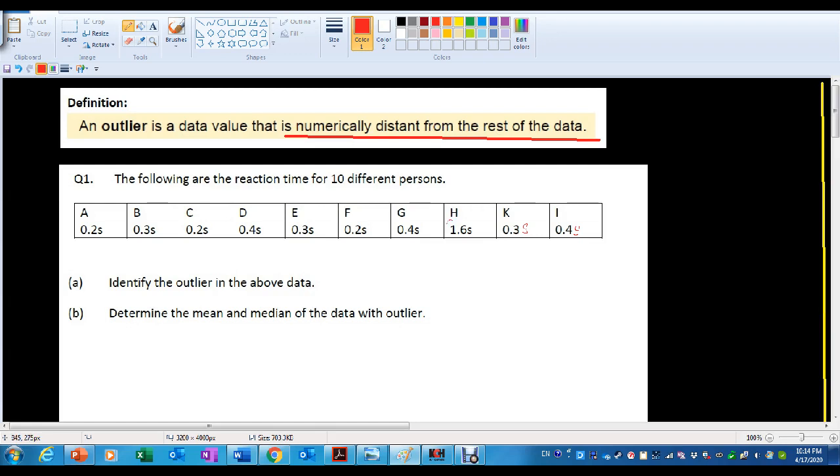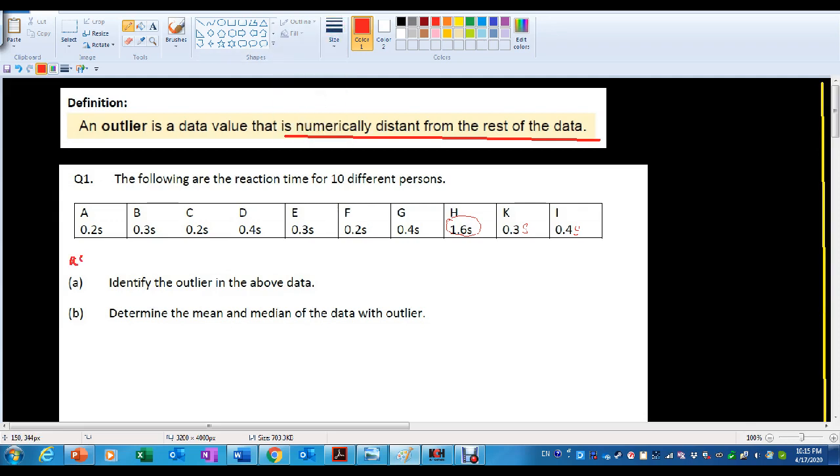It seems 1.6 is particularly greater than the rest of the data by such a great margin. It's quite significant, right? But for more precise measurement, let's write the data in ascending order.